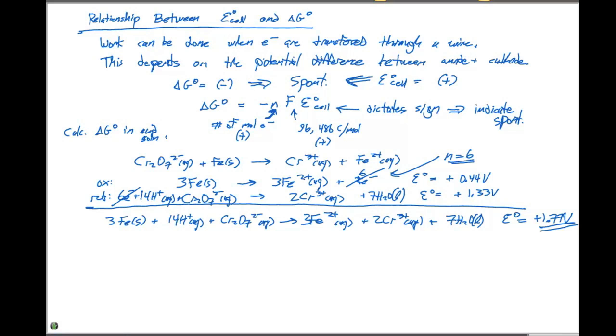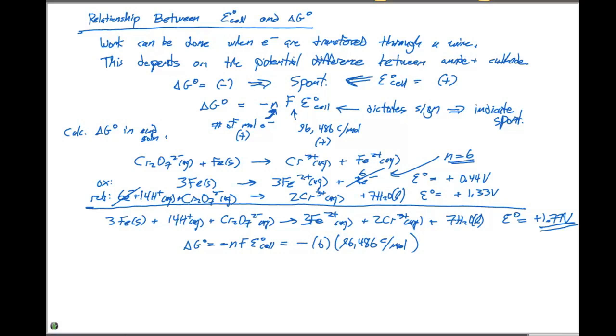In order to calculate our delta G naught, we know that delta G naught is equal to minus NF times the E naught cell, which is going to be equal to minus 6 times 96,486 coulombs per mole.